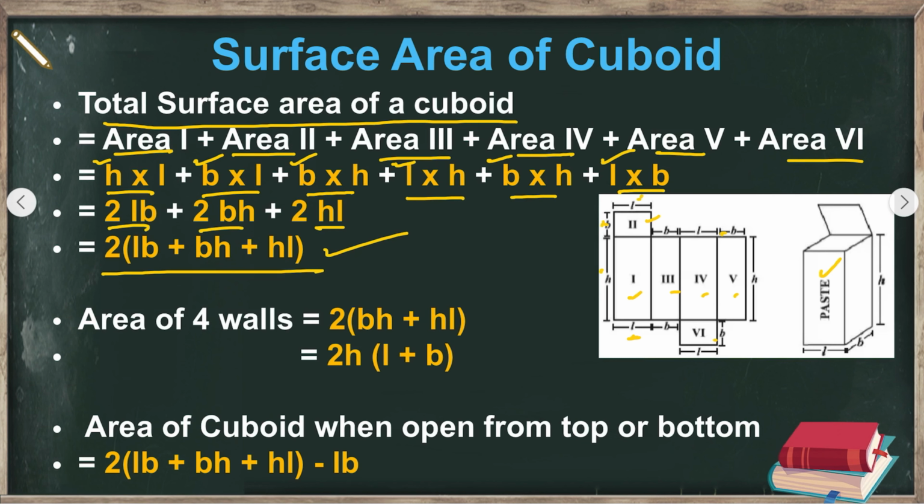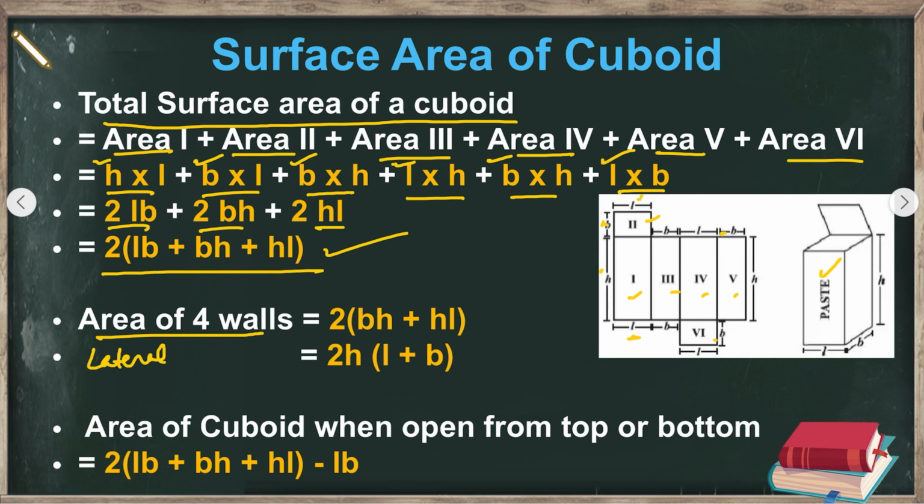Next we have the area of 4 walls. By the area of 4 walls we mean that if we take this cuboid and remove its top face and bottom face, we are left with only the 4 lateral faces. This is called the area of 4 walls, or sometimes the area of lateral faces.